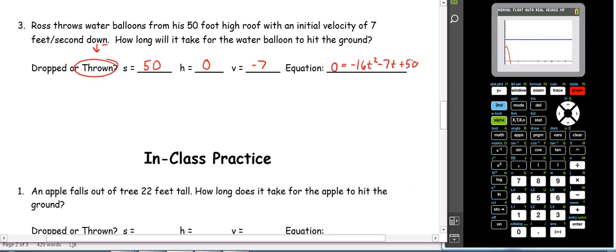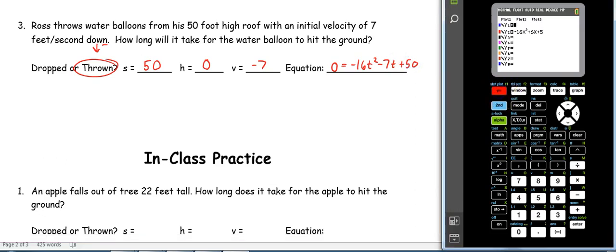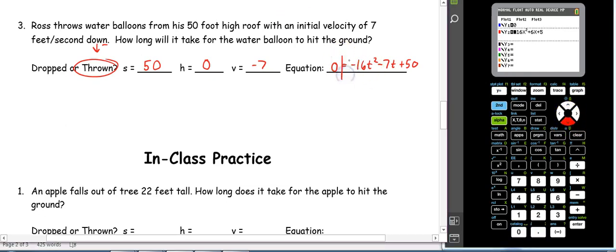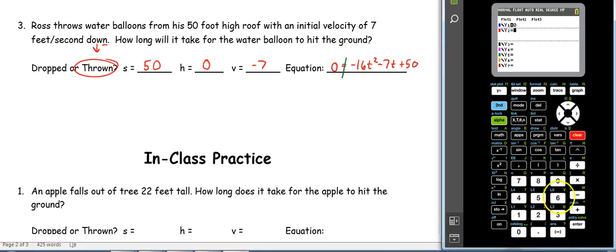We want to know how long it's going to take for the water balloon to hit the ground. So we're going to go to y equals. In y1, we're going to type 0 again, because we're splitting our equation in two. And in y2, we are going to type -16x squared minus 7x plus 50. We're going to hit graph.